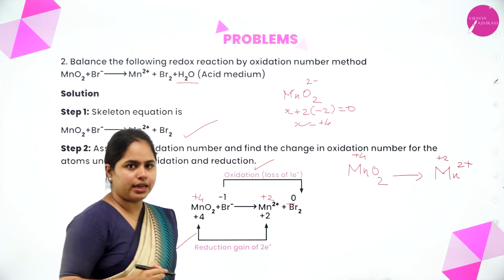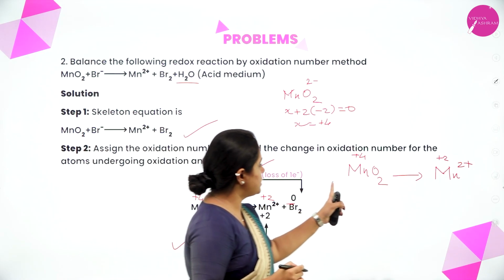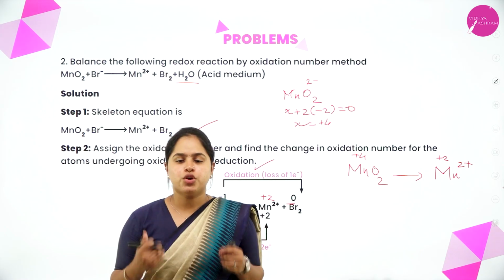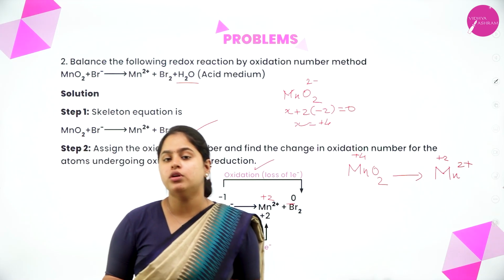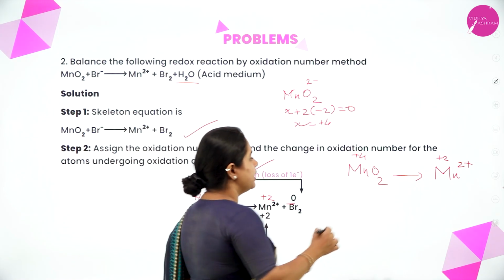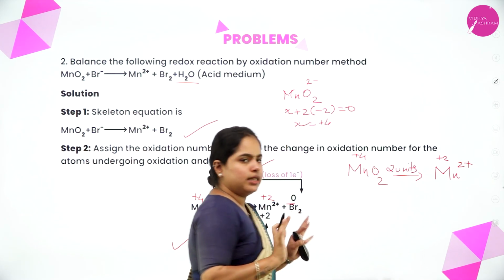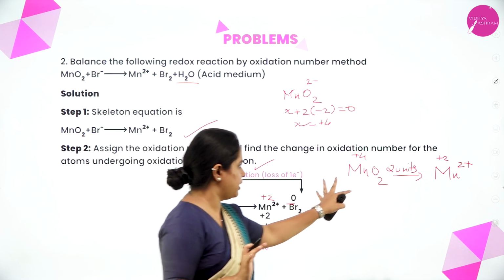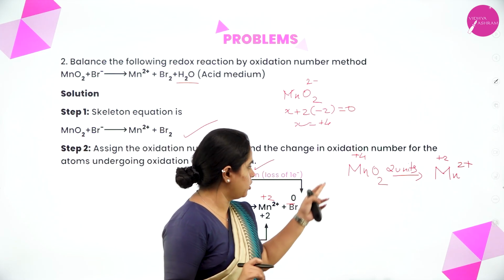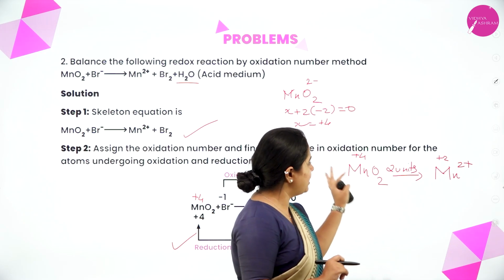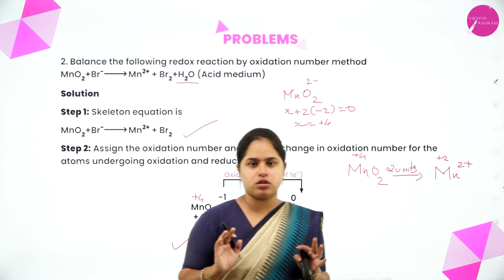You can see by how many units the oxidation number is decreasing. It is decreasing by 2 units. This side is clear because there is nothing else to be multiplied, as it is only 1 atom of manganese on each side. So it is reducing by 2 units.